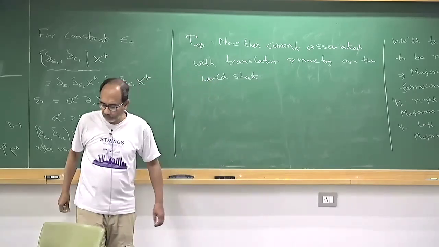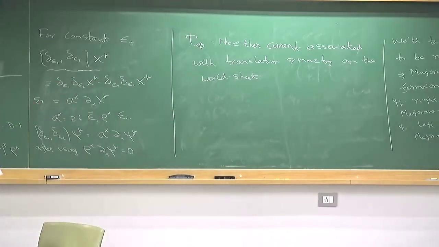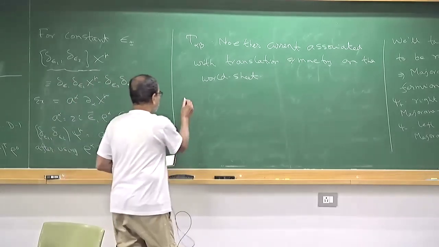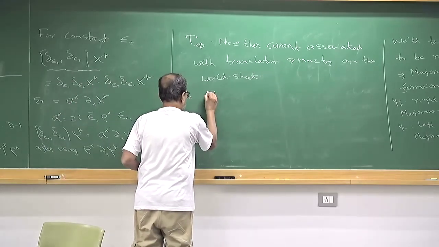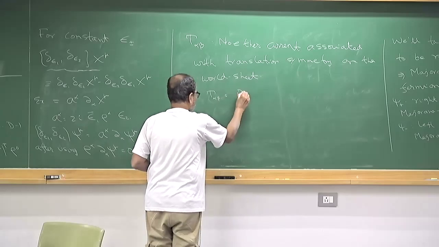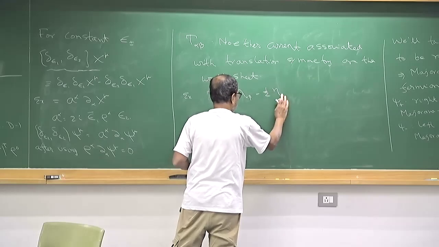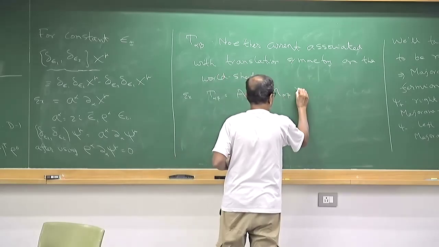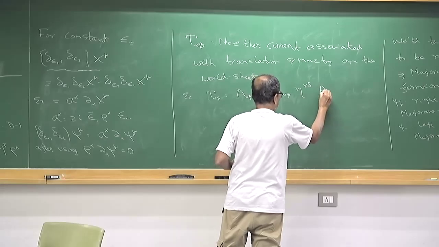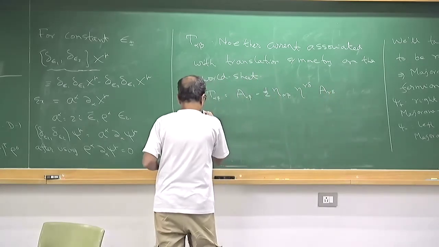Okay, so using that we can calculate T alpha beta, and I'll leave it as an exercise to check. The T alpha beta has a form A alpha beta.